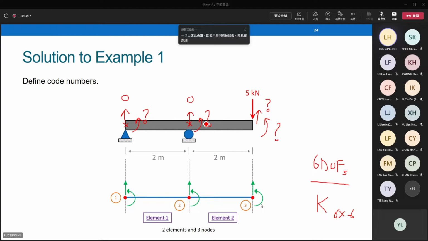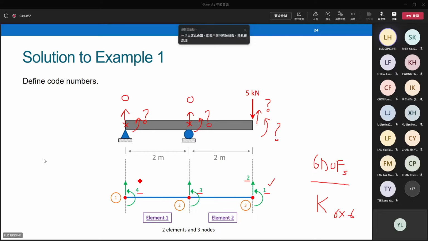You can start to assign code numbers starting from any of these question marks. In the solution, I start to assign 1 from the right, 1, 2, 3, and 4. 1, 2, 3, 4 are used to denote the positions with unknown displacements. Here they are assigned from right to left.